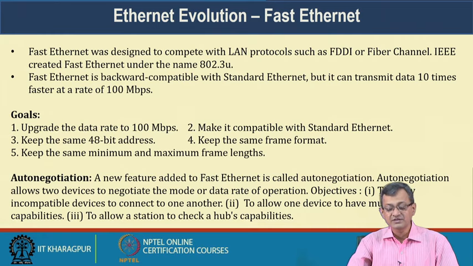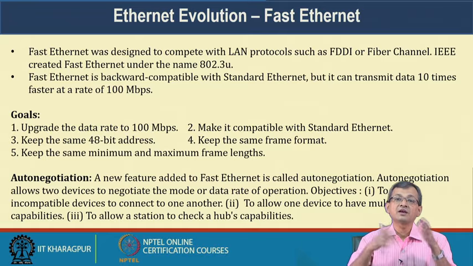A new feature added to Fast Ethernet is called auto negotiation. Auto negotiation allows two devices to negotiate the mode or data rate of operation, right. It allows compatible and incompatible devices to connect to each other, and allows one device to have multiple capabilities.